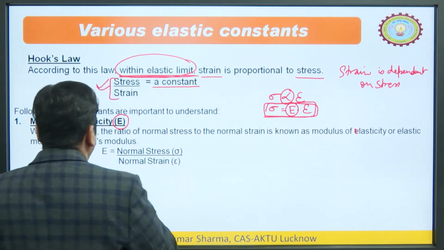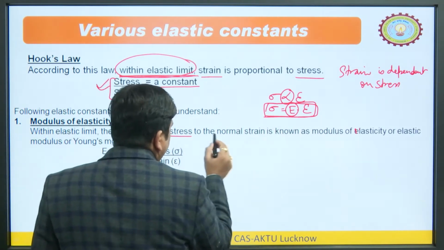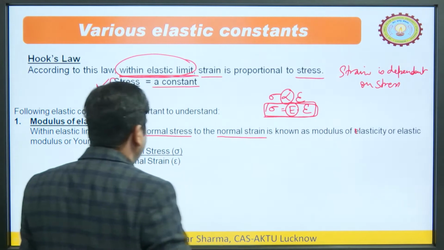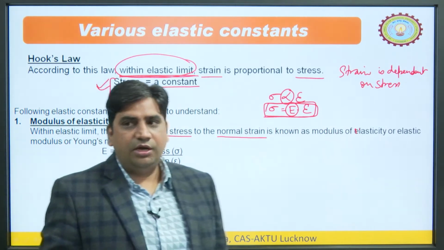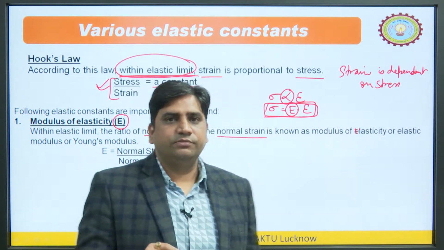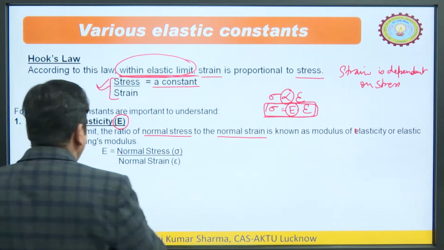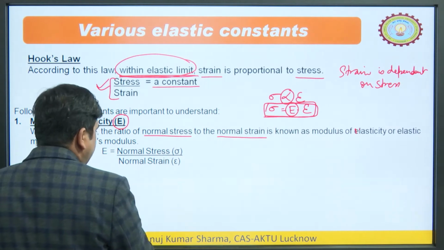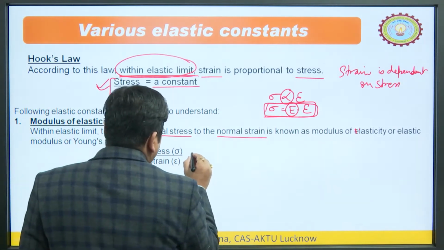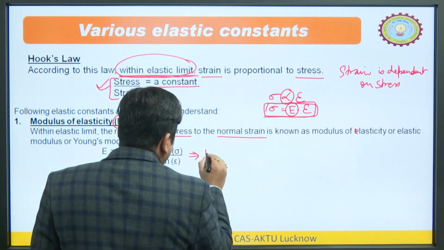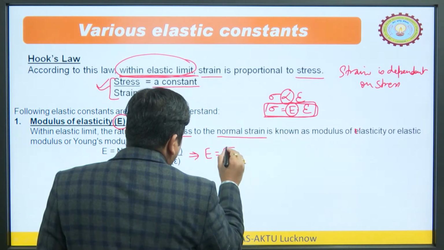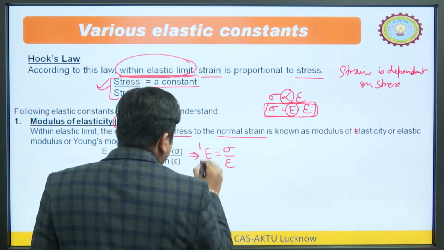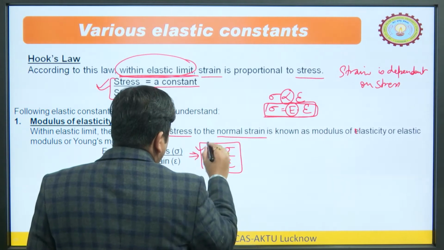Within elastic limit, the ratio of normal stress to normal strain, where normal stress is sigma and normal strain is epsilon, is E. So we can write E is equal to sigma divided by epsilon. This is the modulus of elasticity.